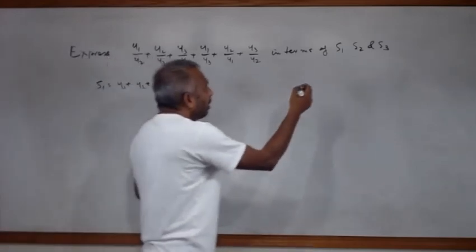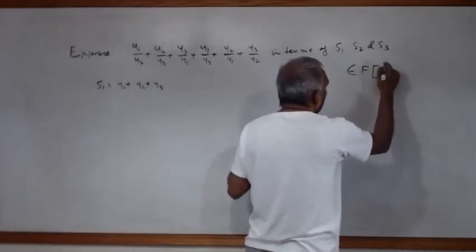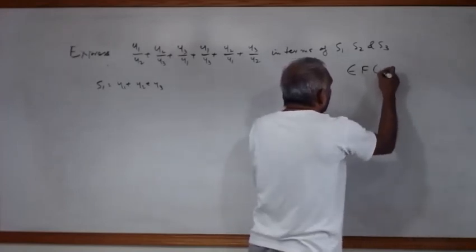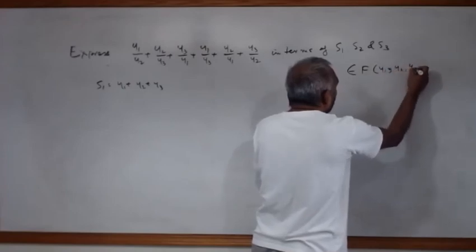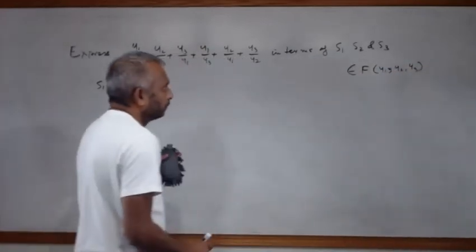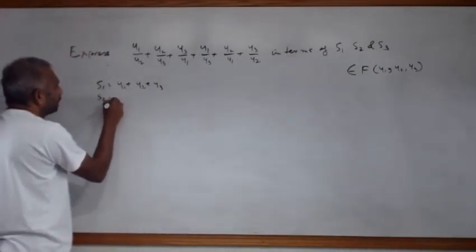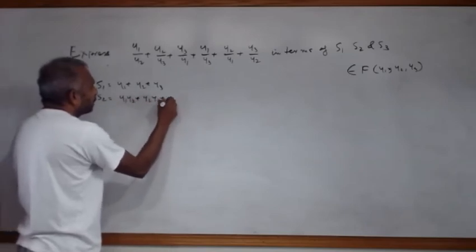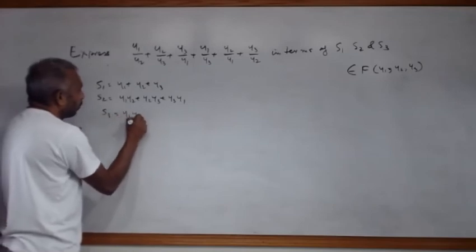Of course, these are all in E of y1, y2, y3. Okay, so S1 is this, S2 is equal to y1 y2 plus y2 y3 plus y3 y1. S3 is y1 y2 y3.